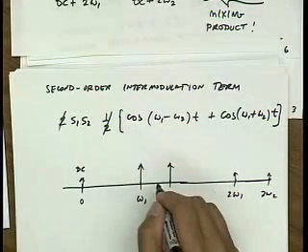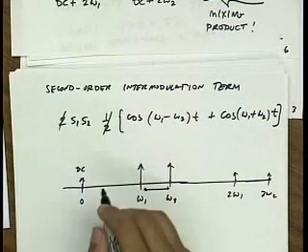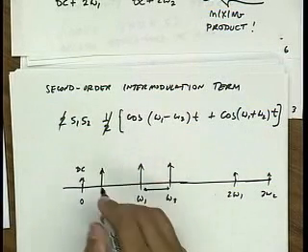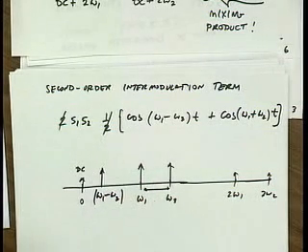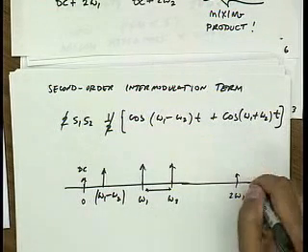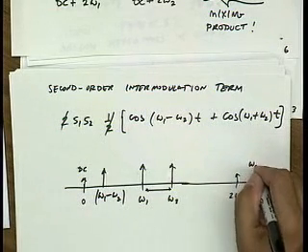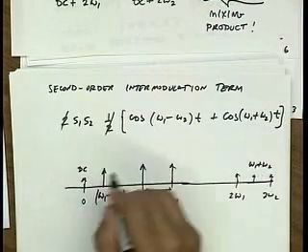But then you can see that there's this difference frequency. I generate that here. This is omega 1 minus omega 2. And I also generate omega 1 plus omega 2. So these are the intermodulation distortion terms.